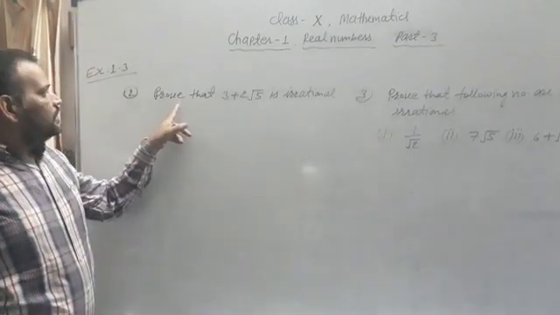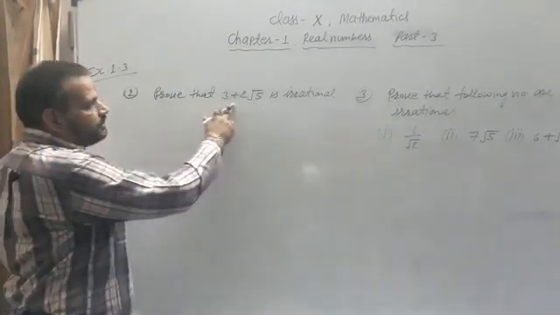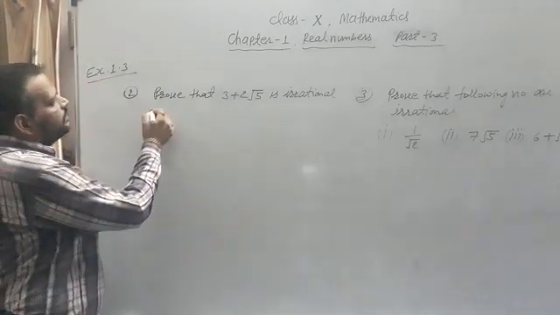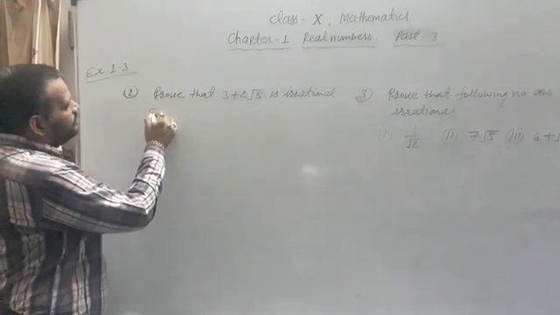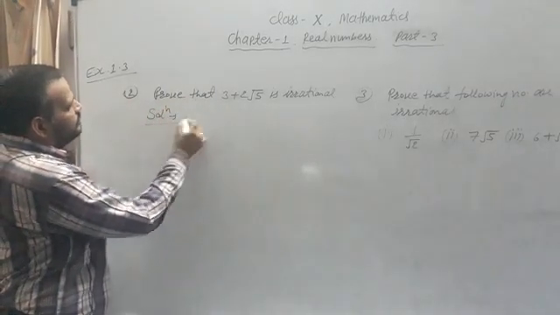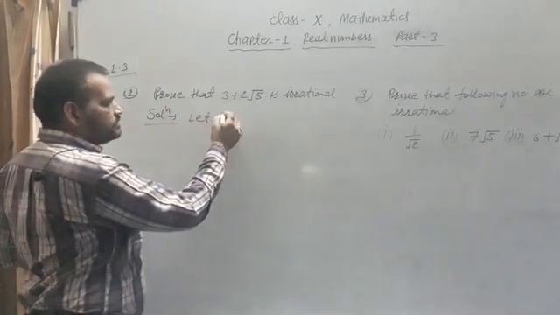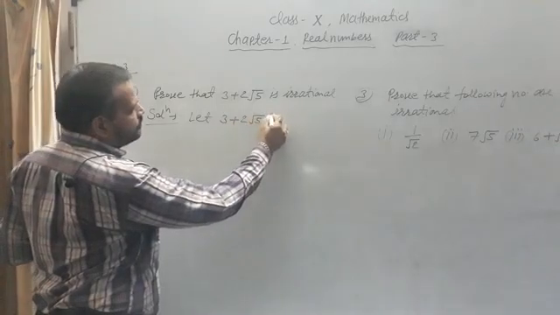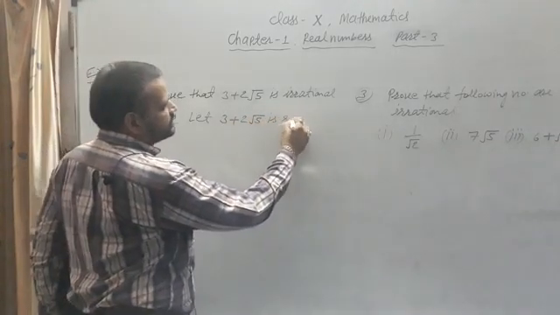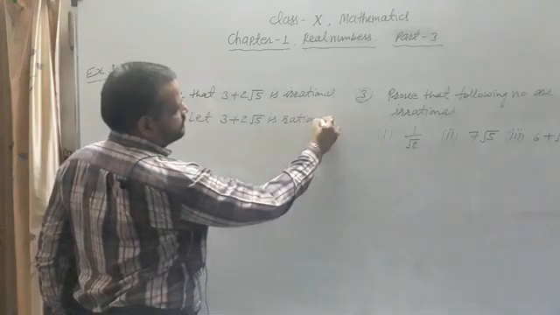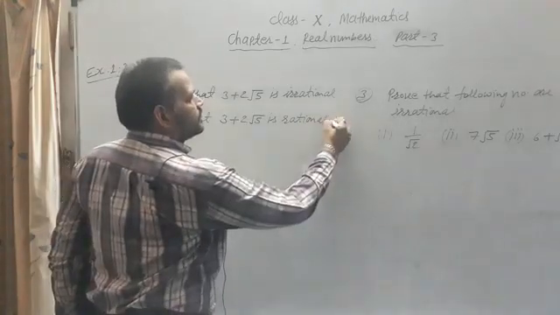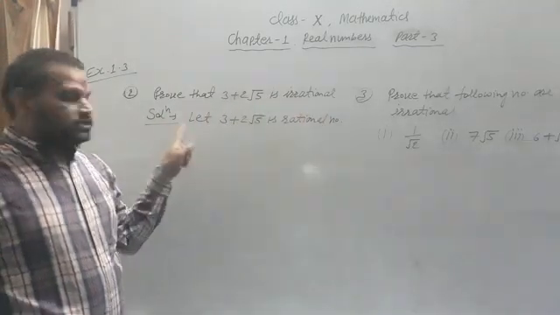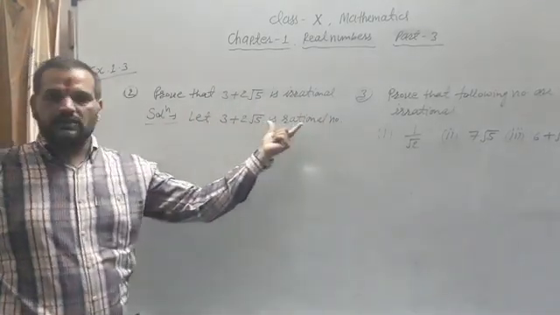In the second question, prove that 3 plus 2 root 5 is irrational. By using the same method, first of all assume that 3 plus 2 root 5 is a rational number. 3 plus 2 root 5 ko irrational show karna hai. Isme kya assume kar rahe hain apan? 3 plus 2 root 5 is a rational number.